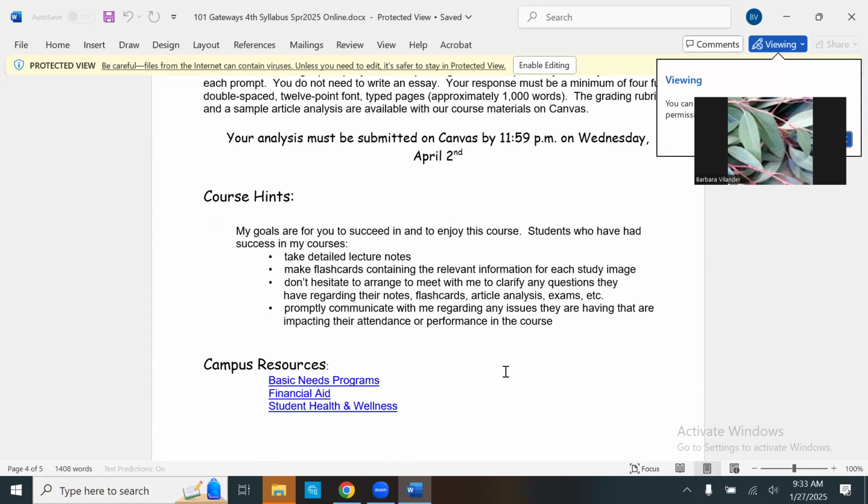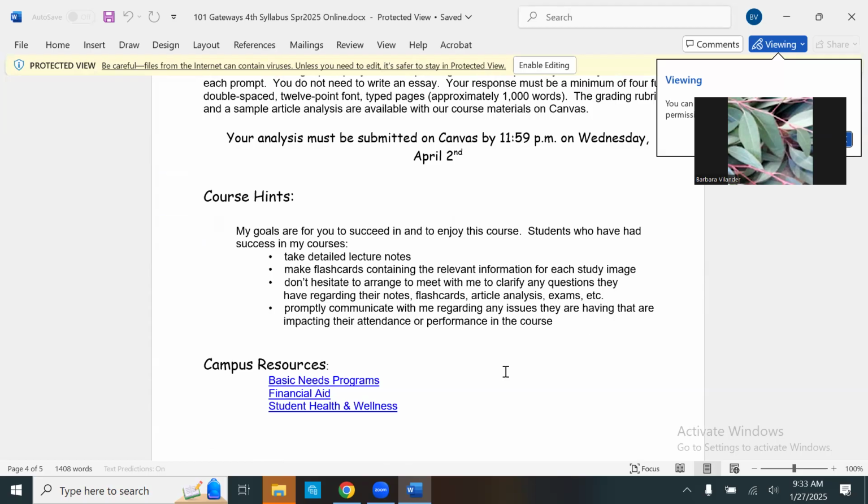Of all the images that I show you in lecture, only the study guide images are fair game for the exams, okay? So I'm telling you which images to focus on and study for the exams. The lectures will give you any information that you need about those images.